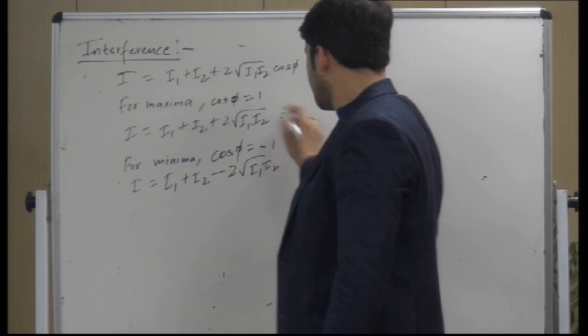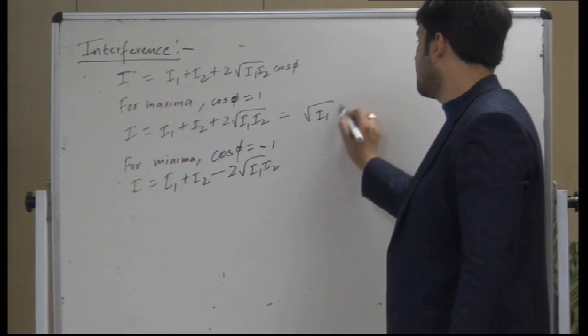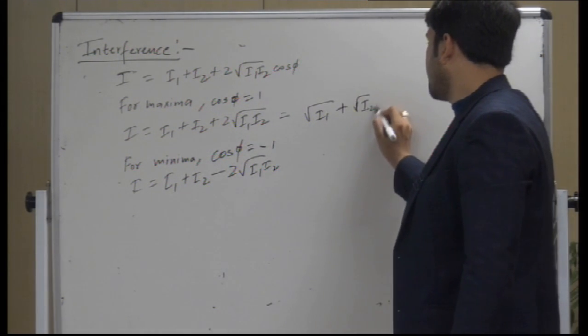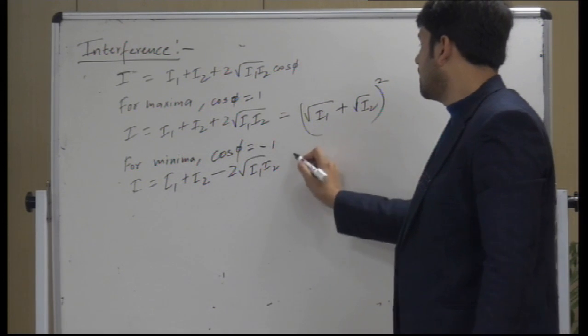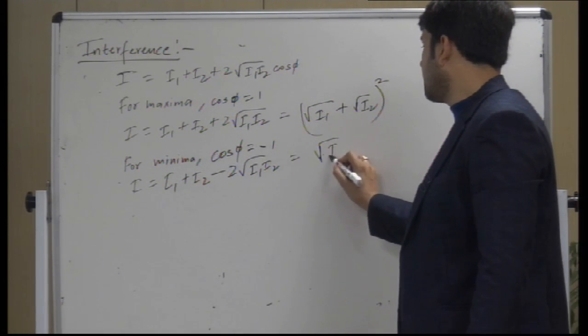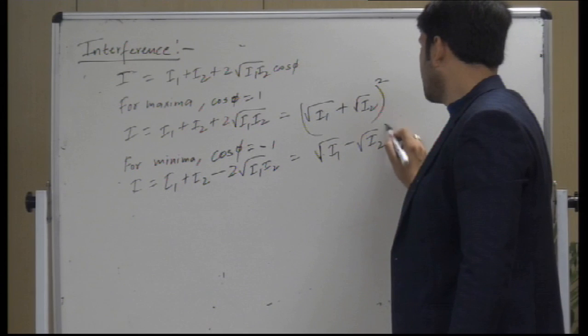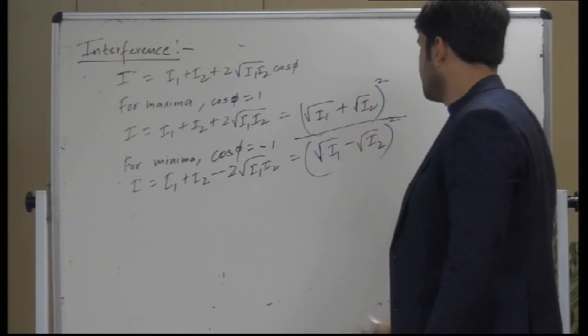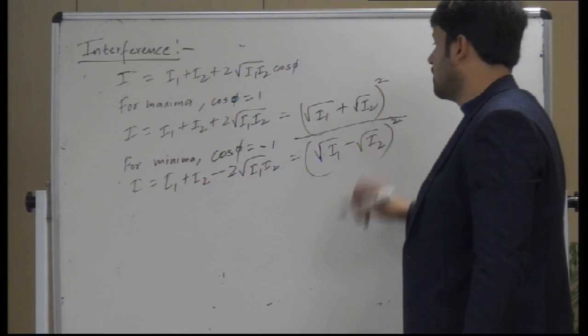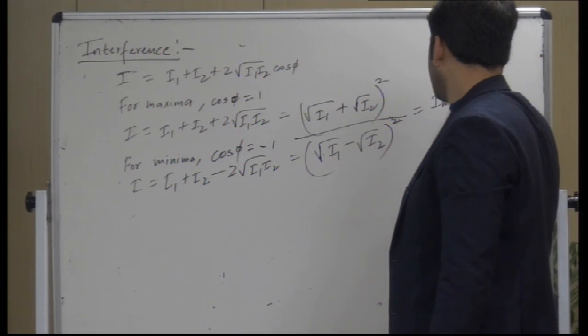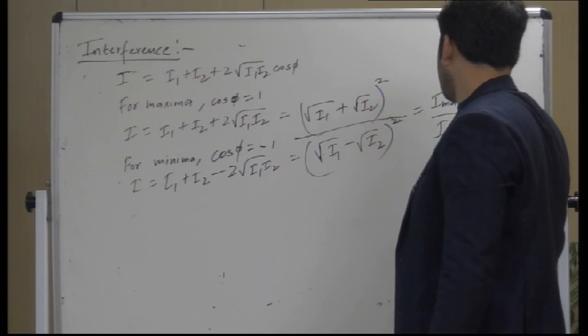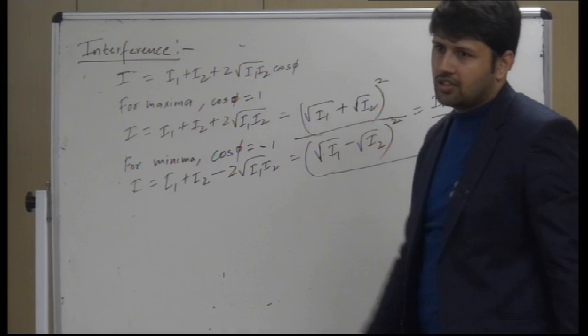Now this is actually nothing but root I1 plus root I2 whole square. This is root I1 minus root I2 whole square. Take the ratio. The ratio of maximum and minimum intensities is this only.